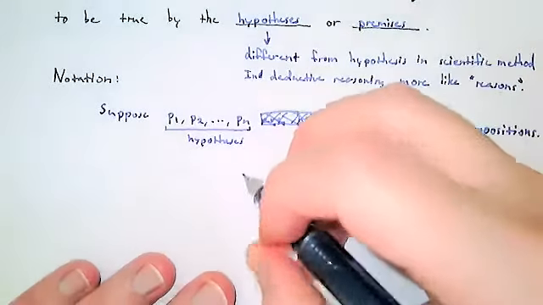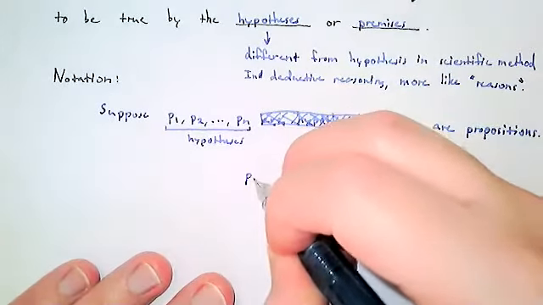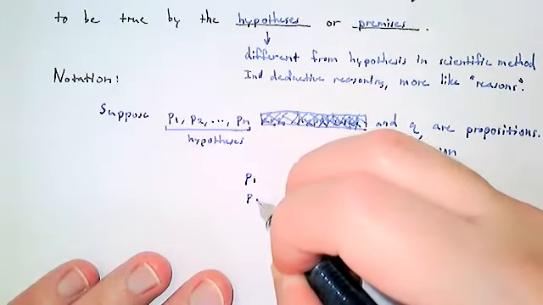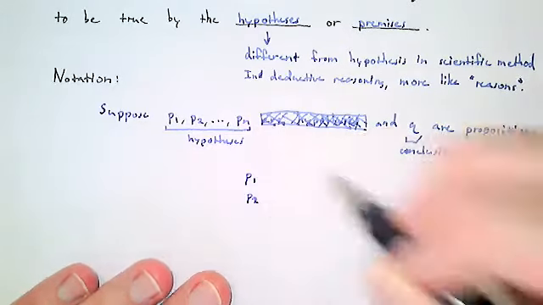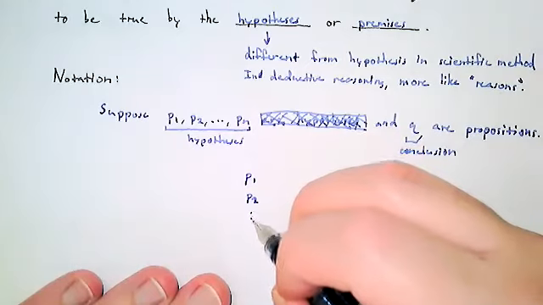And then our formal argument is set up the same way as I did in the example. So you list out your hypotheses.